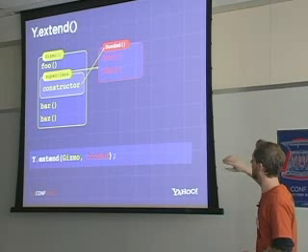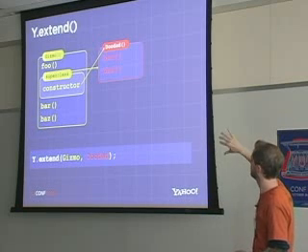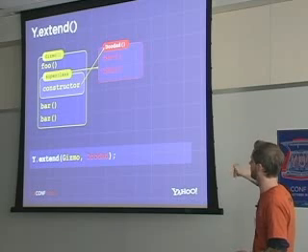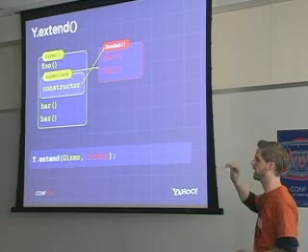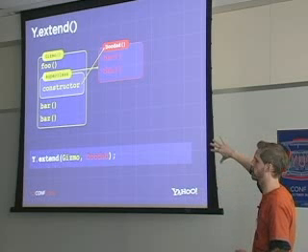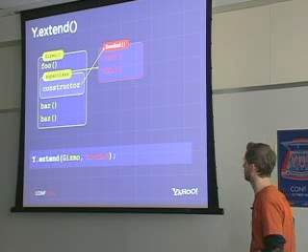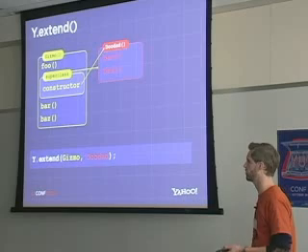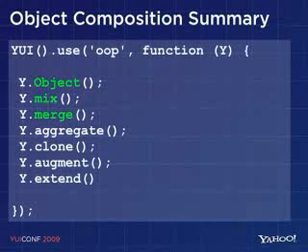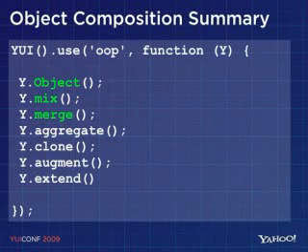And so now Gizmo has inherited from Doodad, and in my constructor of Gizmo, I can now properly chain so it can call back up to its superclass. And so that's Y.extend.